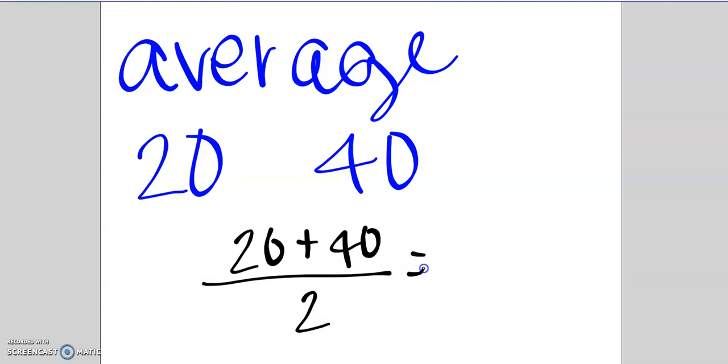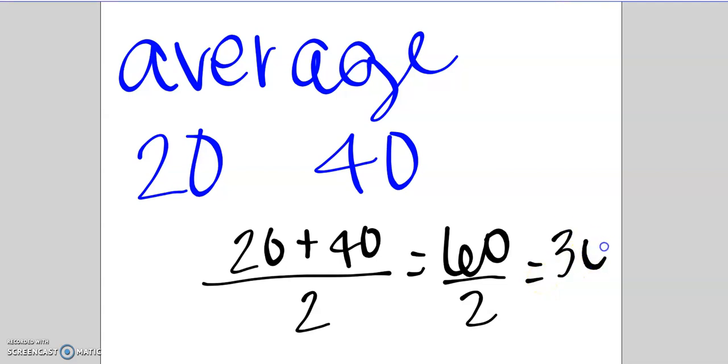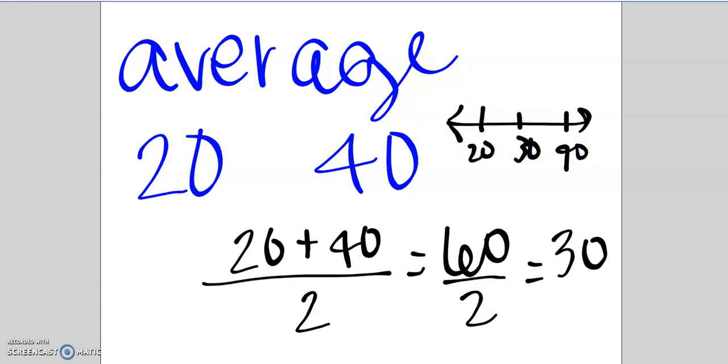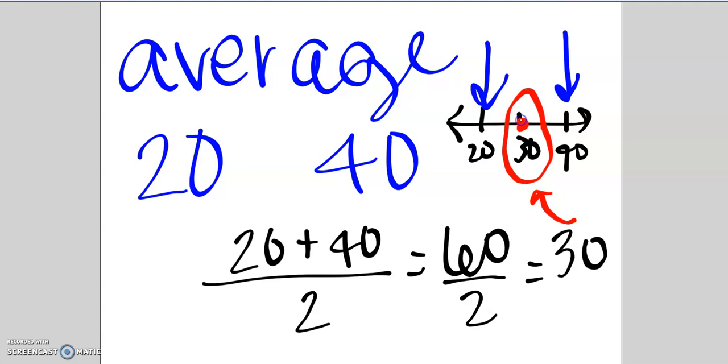Cut them in half. You're going to get 60 over 2. 60 divided by 2 is 30. On a number line, notice if this was 20, 30, 40, well, here's your 20, here's your 40. That average is literally the midpoint, right? It's the middle of those two numbers.